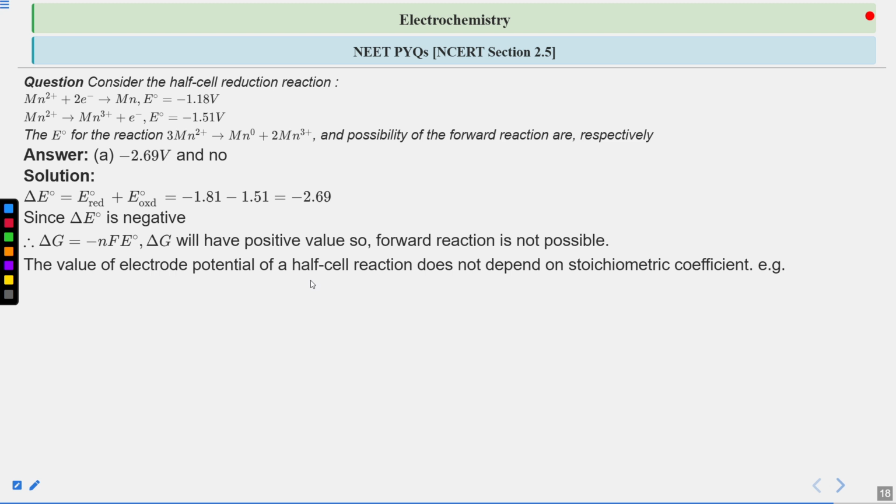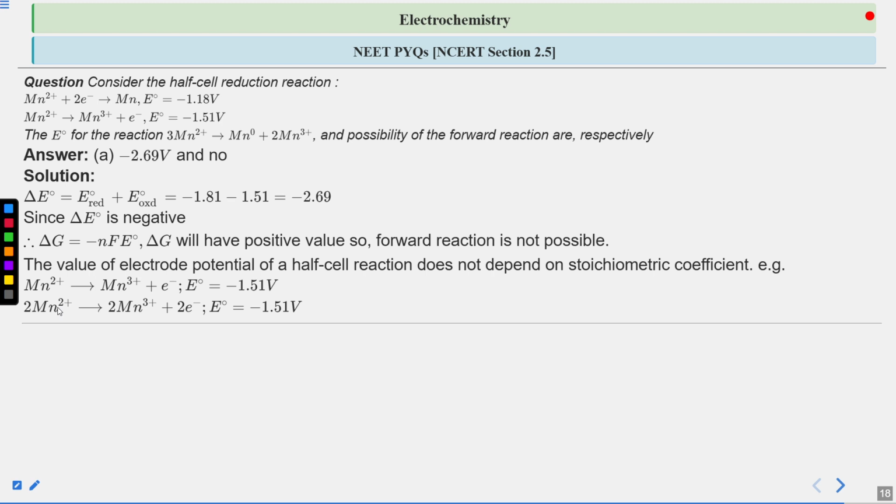The value of electrode potential of a half cell reaction does not depend on the stoichiometric coefficient. Whatever stoichiometric coefficient you put, the electrode potential for a half cell will not change. For example, if you take Mn2 positive converting to Mn3 positive plus an electron, the E naught will be minus 1.51 volt.